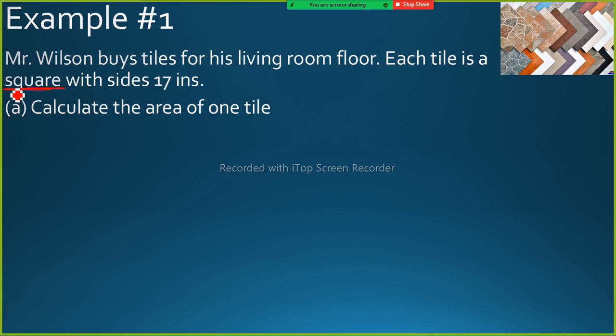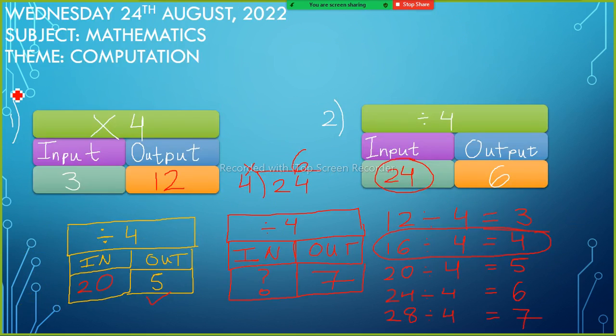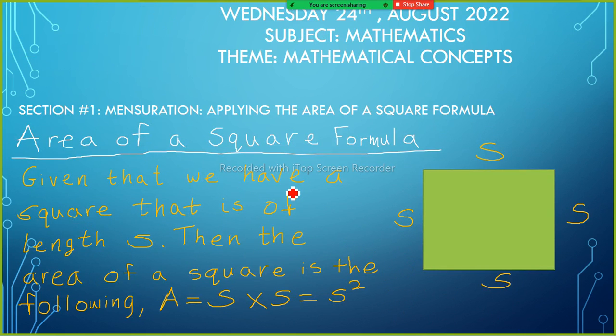Okay, so that means that we have to use the definition or the formula for the area of a square, which is area is going to be equal to s squared, or whatever the length of that side is.